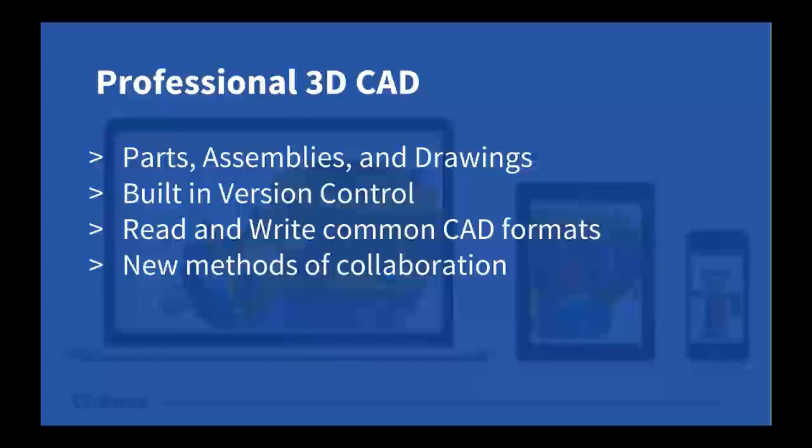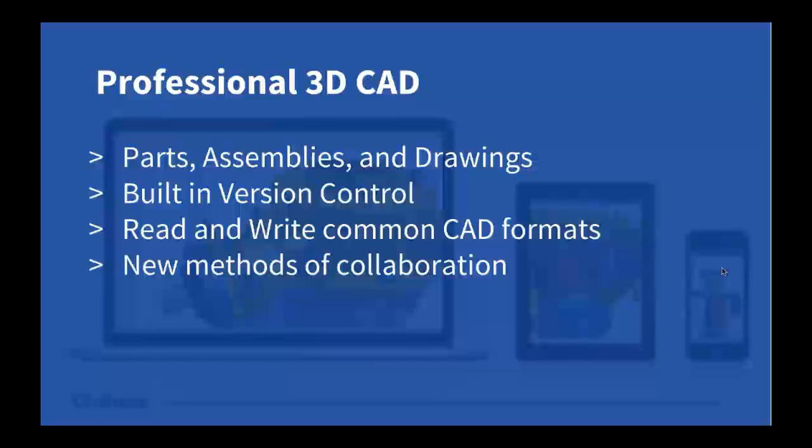Some key things I always like to point out about Onshape: it has version control built in. So for those using a data management system or something to that effect to manage your files, with Onshape, all that functionality is built into the core. So there's no need for a separate data management system in many cases. The version control of Onshape has quite a robust version management capability. Also, there's the ability to import and export common CAD formats.